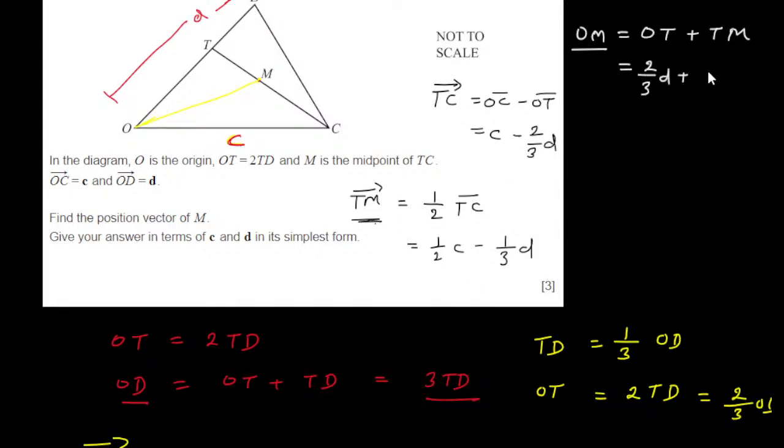TM is 1 divided by 2C minus 1 divided by 3D. So finally we get 1 divided by 2C plus 2 divided by 3D minus 1 divided by 3D, which is 1 divided by 3D. So this is OM. OM is the position vector of point M, so we have found the position vector of point M.